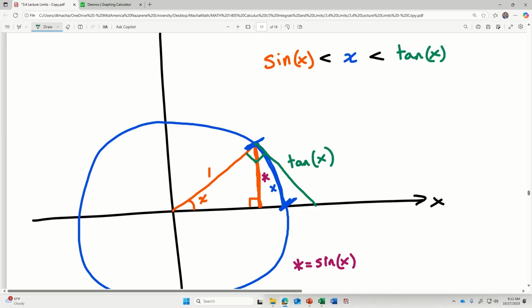So remember, the orange vertical is sine, the blue is x, and the green is tangent of x, the way that I've constructed this picture.